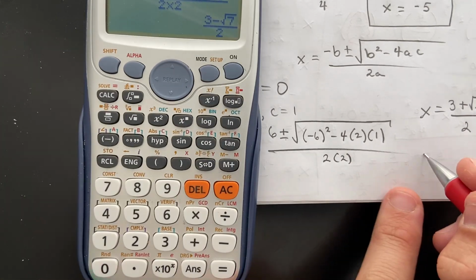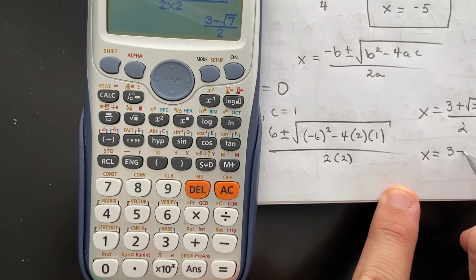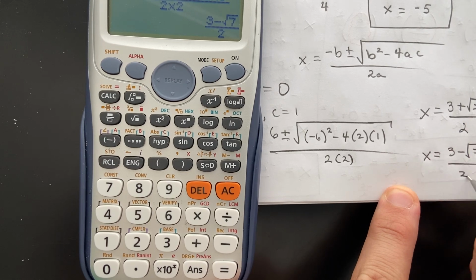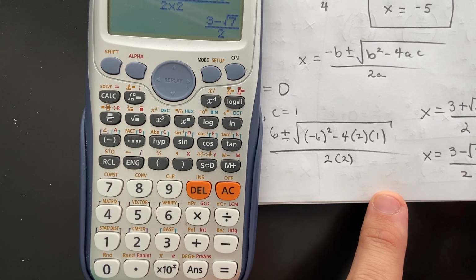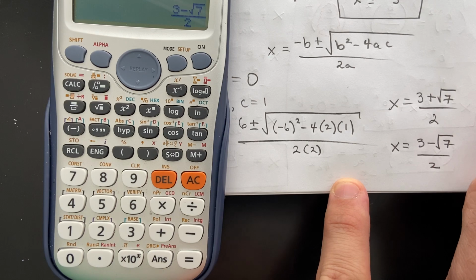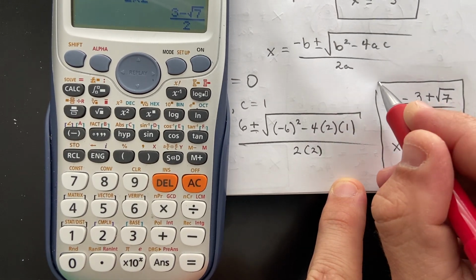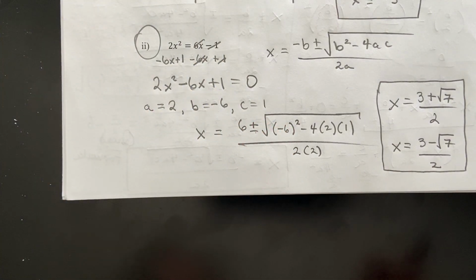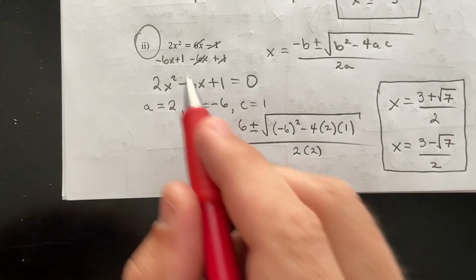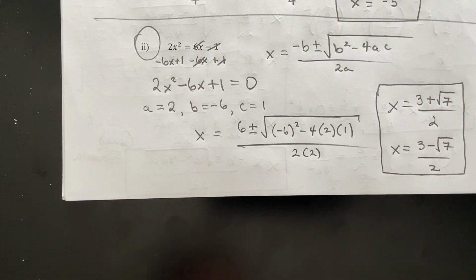So we're also getting that x equals 3 minus root 7 over 2. Sorry if that's hard to see. And of course you could check those. I'm gonna skip the check this time, but please do so if you have the time.